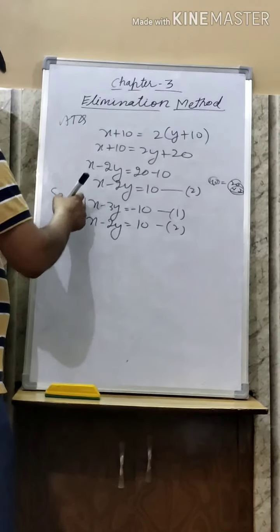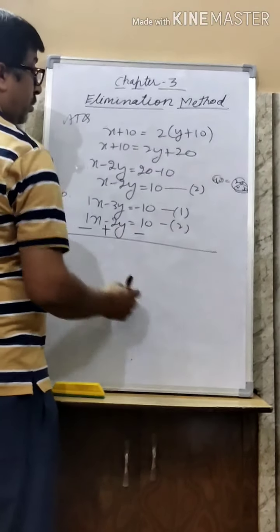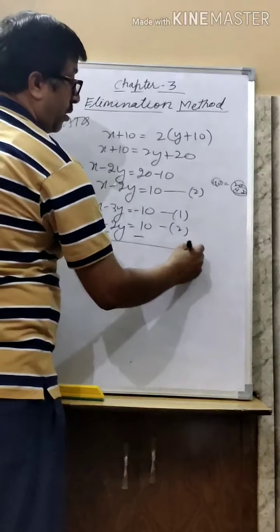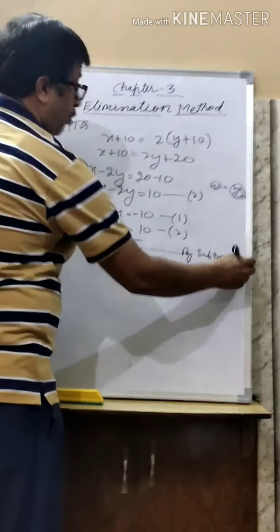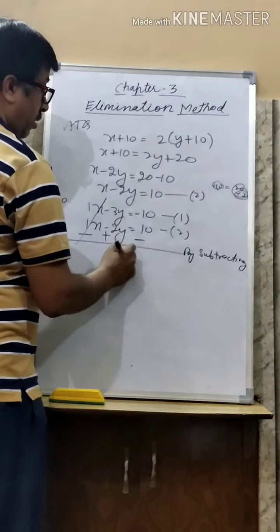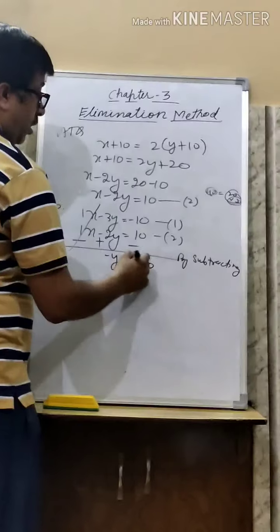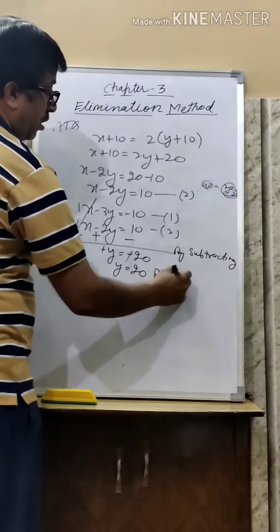Coefficients of x are already equal, then directly you subtract. So you can write here by subtracting. Because by subtracting, this cancels, minus 3 plus 2 is minus y, minus 20, this cancels. So y is equal to 20.